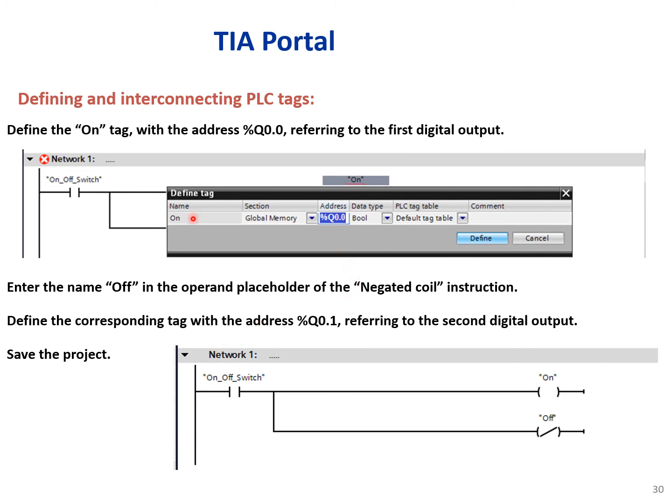For example, for the one that we name on, choose Q0.0. And for the other one, we choose the name off and choose Q0.1. Okay, now you have defined your tags and addresses. What you need to do is save the project.